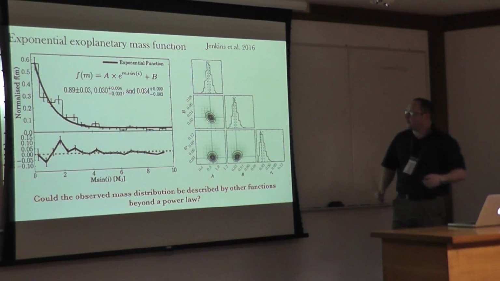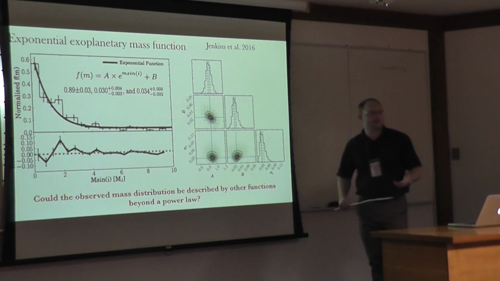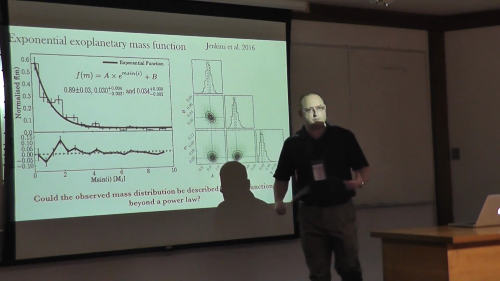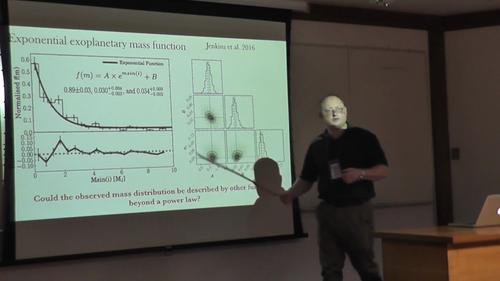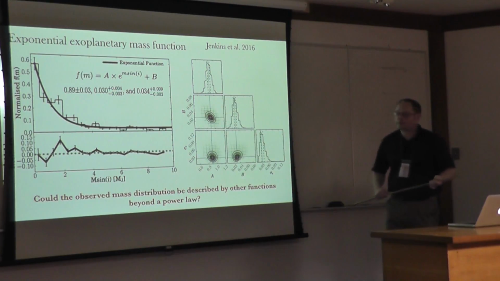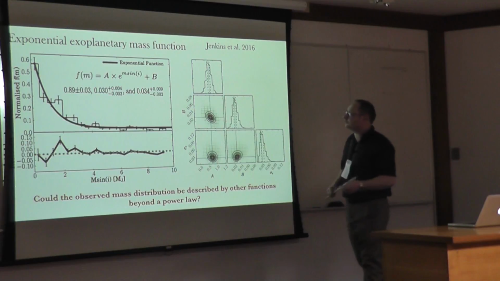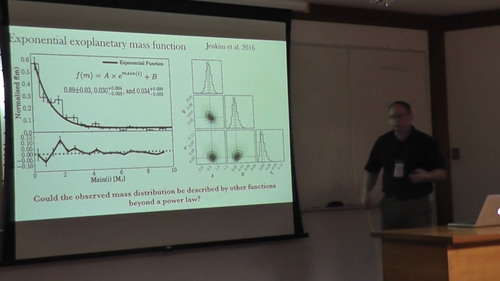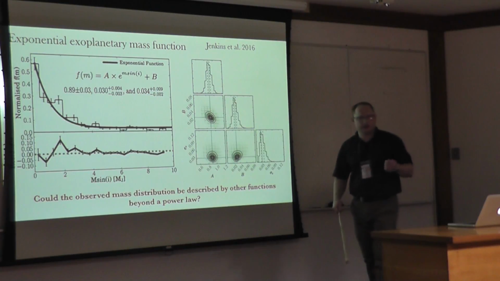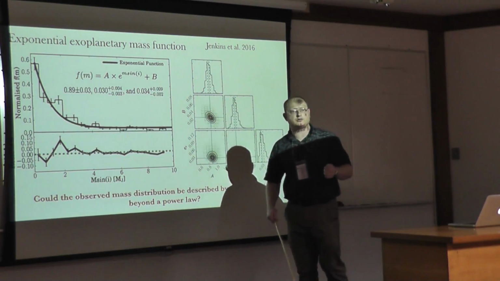And of course, being that we work in statistics, we want to keep the models as simple as possible. And something as simple as a power law can be an exponential function. And we looked at an exponential function simply raised to m sin i. Remember from yesterday, this is radial velocities, it's m sin i, it's not absolute mass.